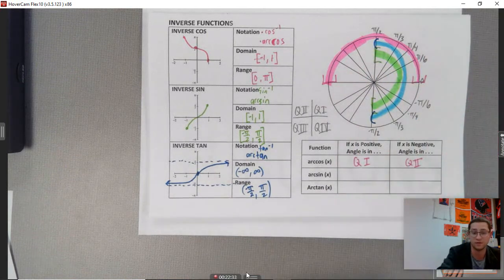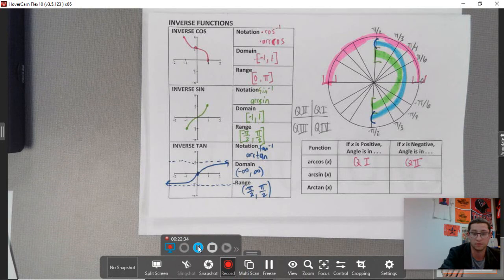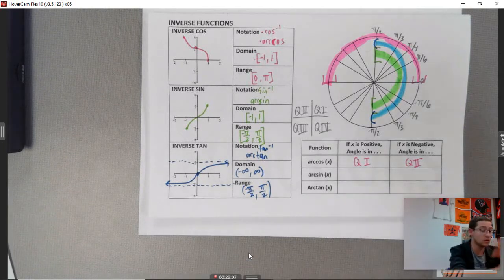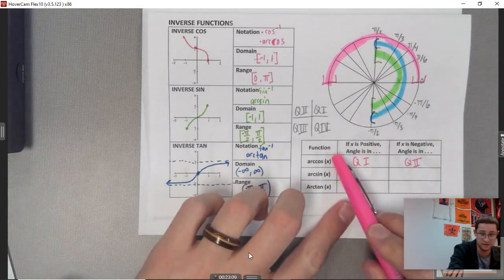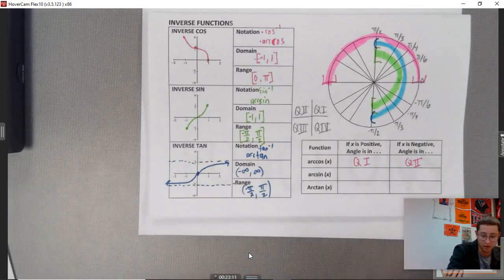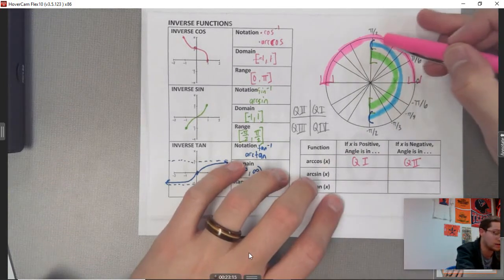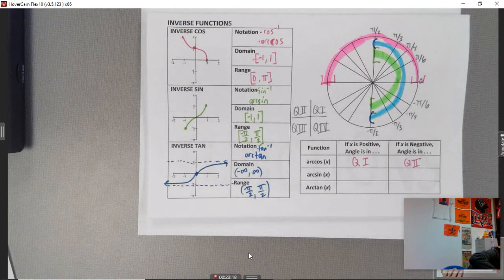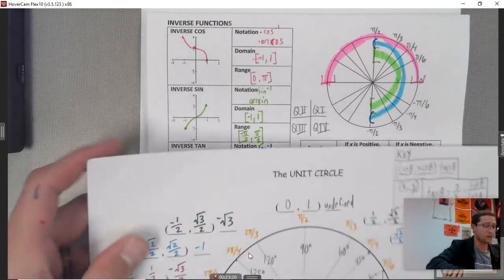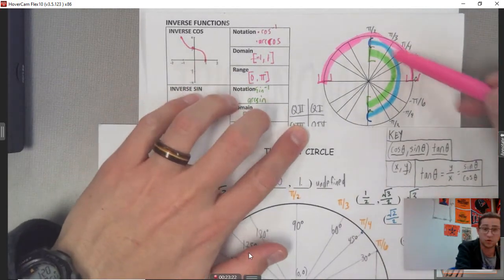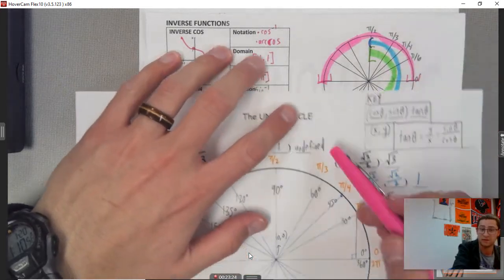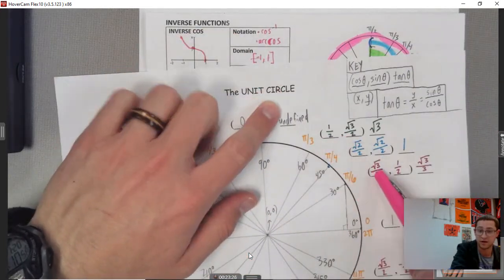Sorry, I got my train of thought back. The x is positive situation is where your ratio is positive. Let's go to the unit circle just so you see it. Your cosines in here are all positive: positive, positive, positive.